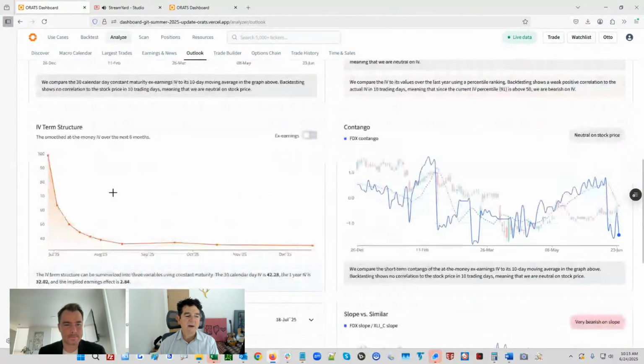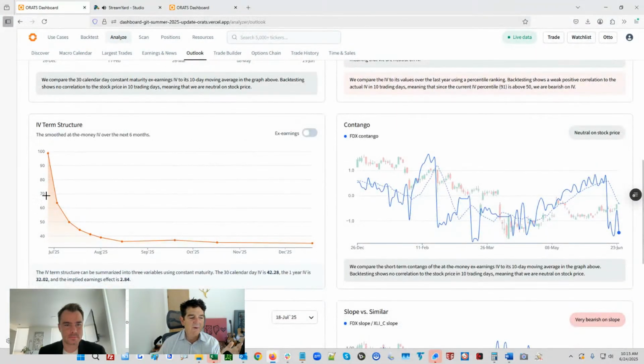What I'm saying is, the way you get an implied earnings move is that one of the factors that goes into that model is where the implied is going to drop to after earnings. Then you figure out what that percentage is, and it's a little difficult, but you could figure out, oh, it's a 7% move, right? Yeah, that makes sense.